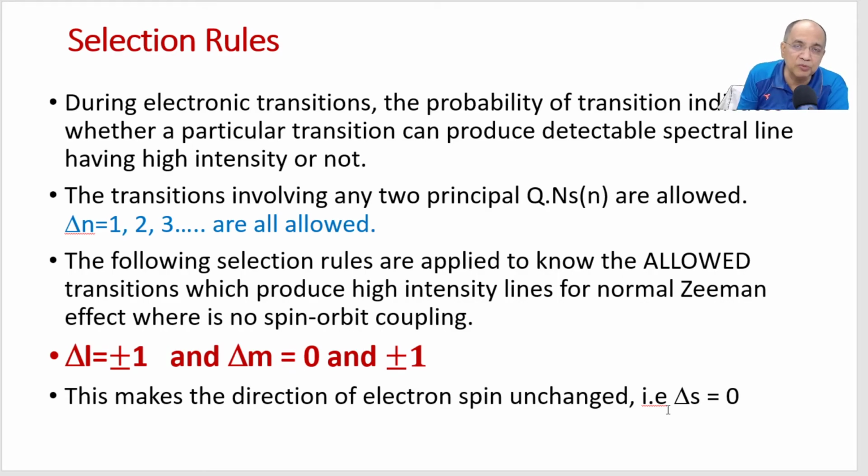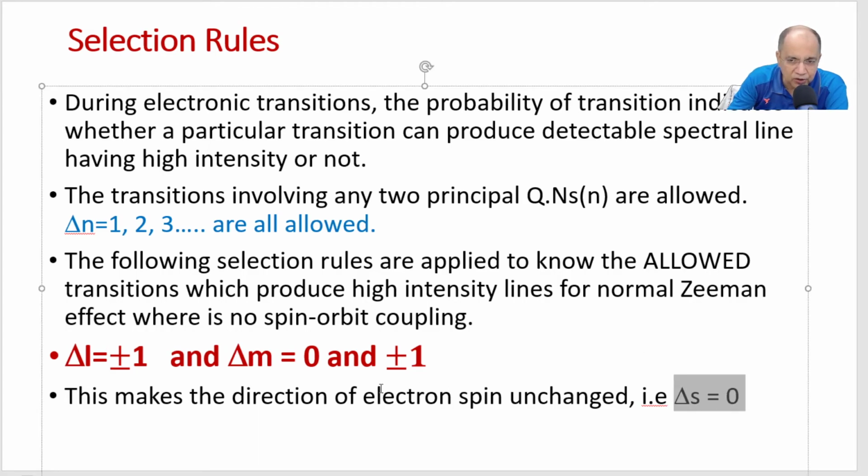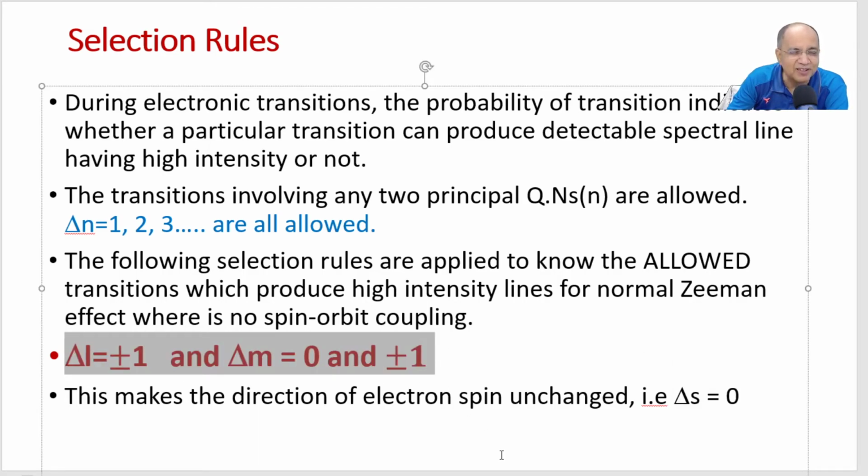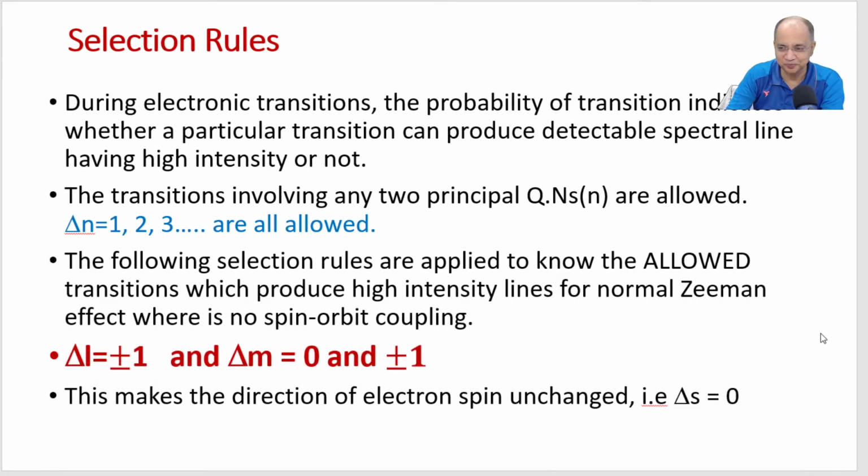The spin quantum number will be conserved. So I'm not going to discuss the details about this. You must know only this. That is the selection rule for delta L, delta M, and delta N. These three. And obviously delta S, there will be no change in spin. You just forget about this, right?